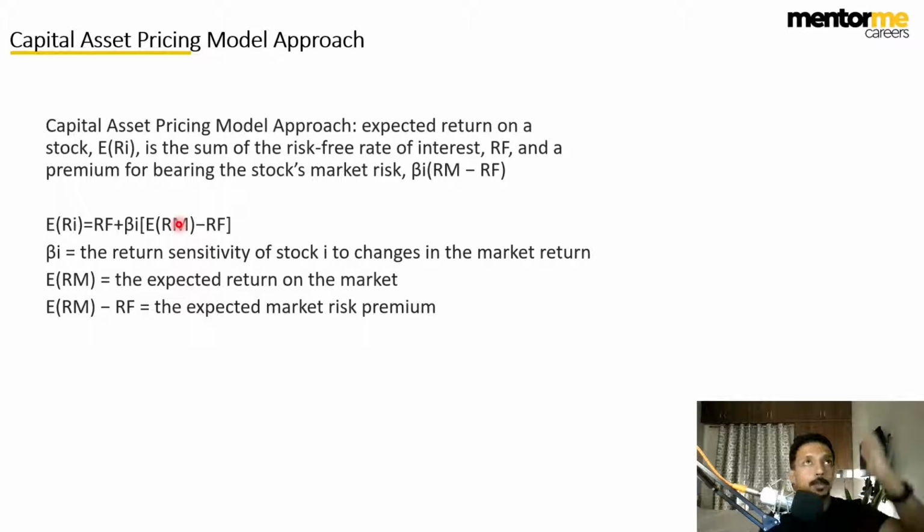So you are trying to plot these two, the Nifty 50 prices and the stock prices, and then check the sensitivity, and that is what beta is, right? So you're multiplying the sensitivity with the premium of the market and then adding the risk-free rate. Finally, it gives you an estimate of what should be the expected rate of return.